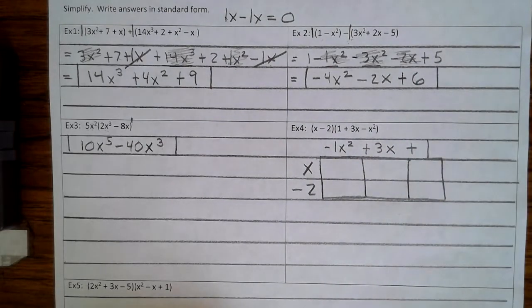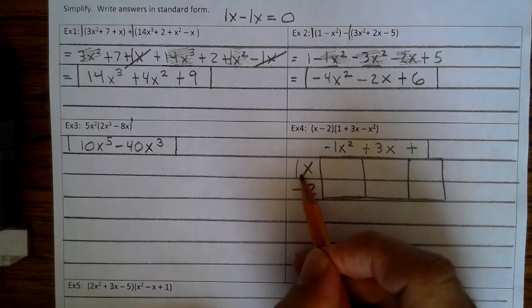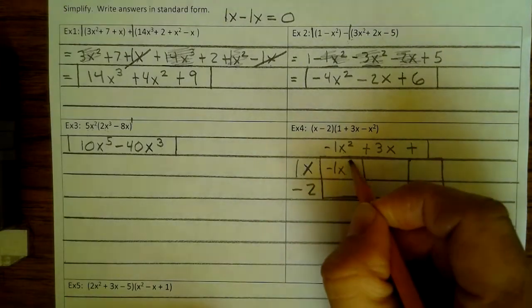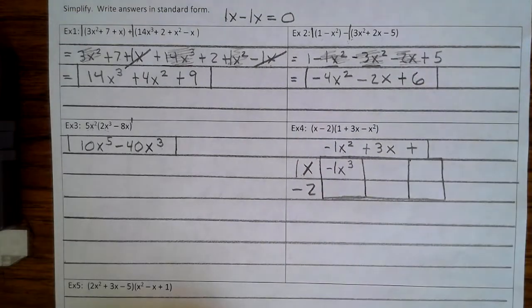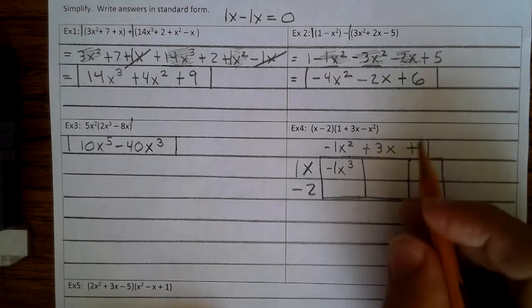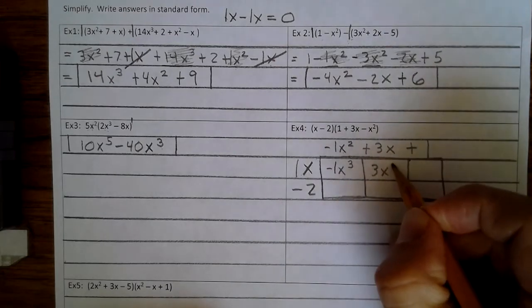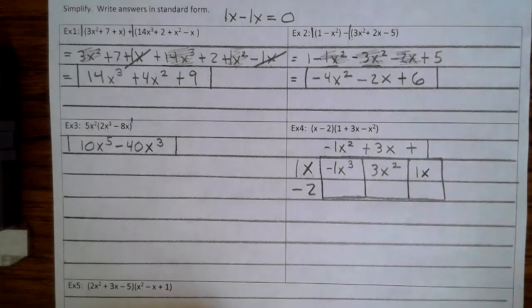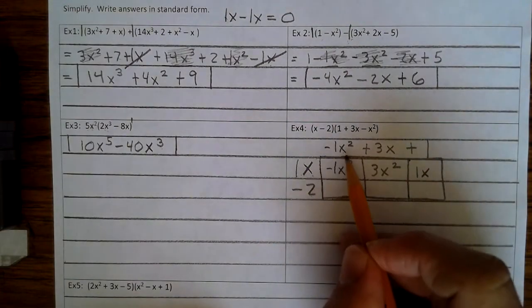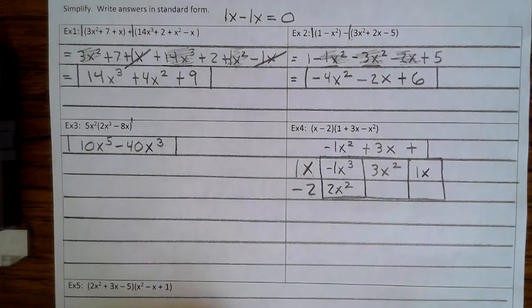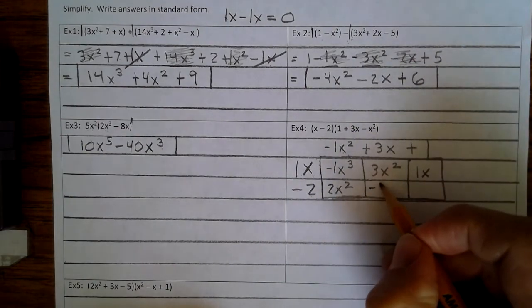So 1x times negative 1x squared is negative 1x cubed. 1x times 3x is 3x squared. 1x times 1 is 1x. Negative 2 times negative 1x squared is 2x squared. Negative 2 times 3x is negative 6x. Negative 2 times 1 is negative 2.